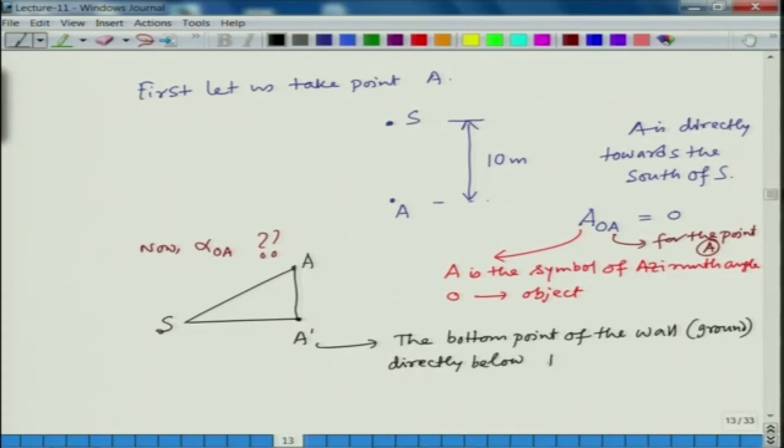So, whenever we use prime, that means it is directly vertically below that point. A prime is vertically below point A.